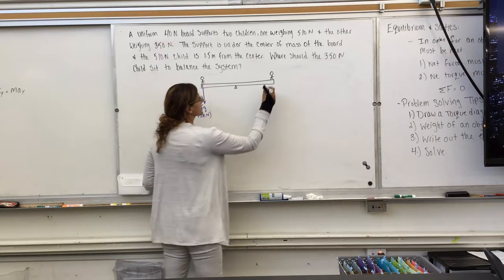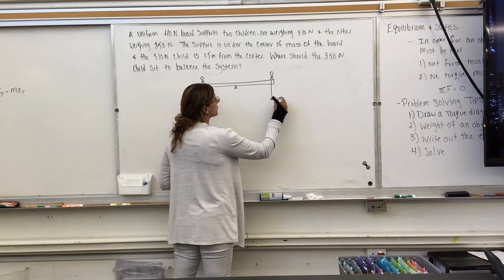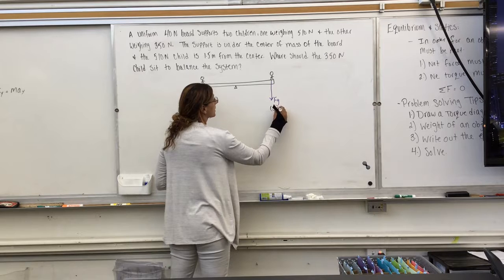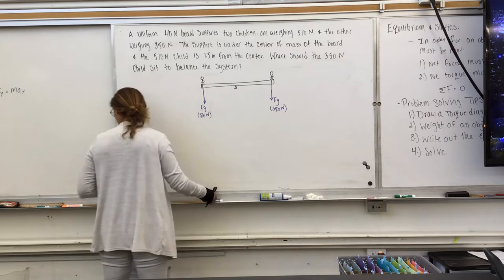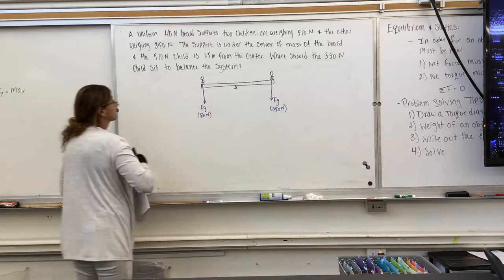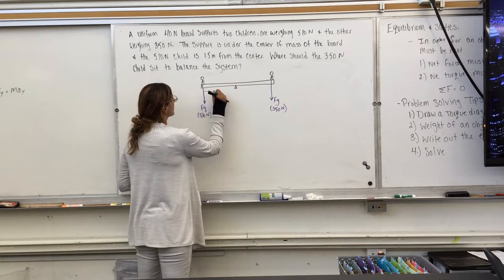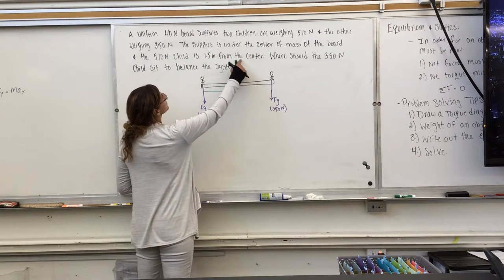I know that this child has also an Fg, and I know that Fg is 350 newtons. I have been told that the 510 Newton child is 1.5 meters from the center.